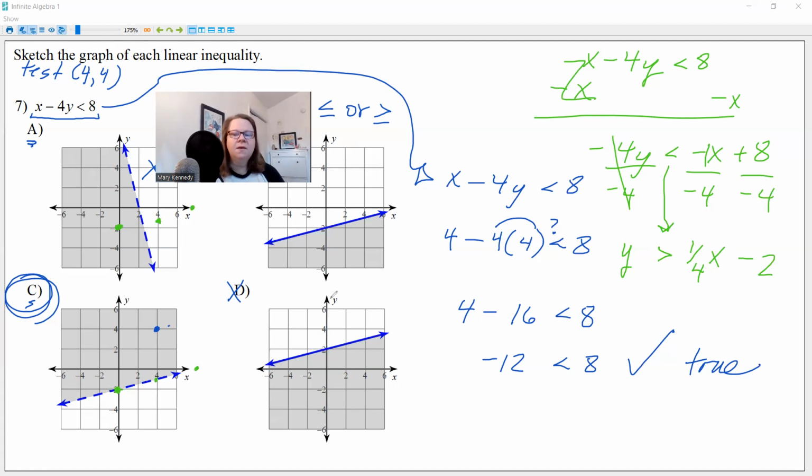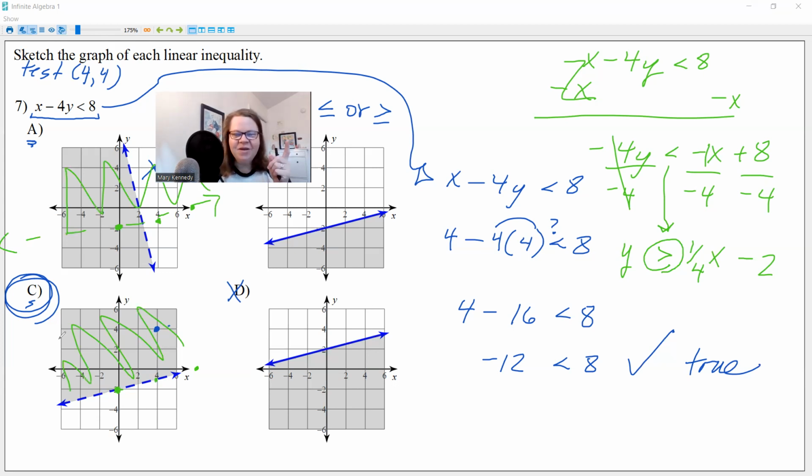And then I'm graphing above, like it's got to be greater than that. And so it's got to be all of these solutions above the line. So for all those reasons, you can see that A is not the right answer, right? It would be C. Okay.